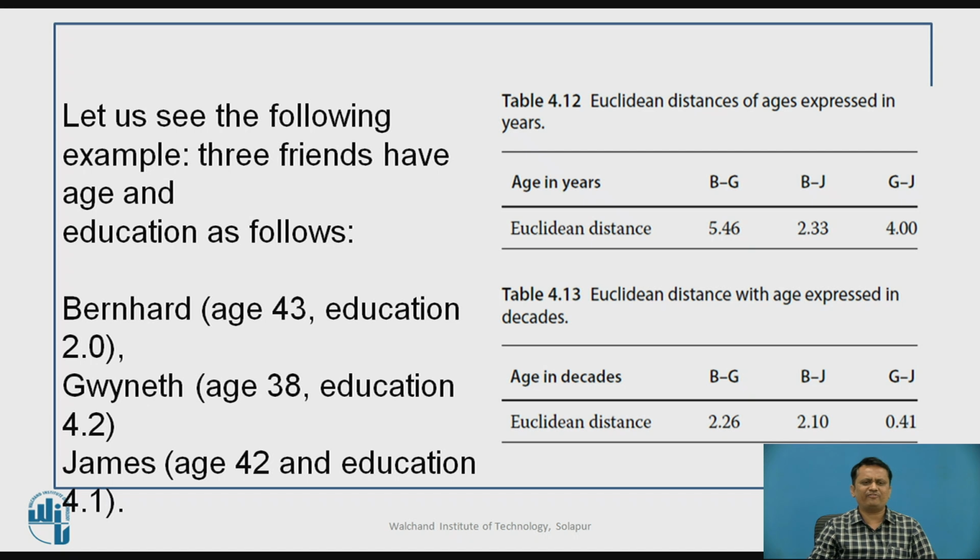Now you want to come up with a similarity conclusion about which two friends are more similar. So three friends are there, out of three which two are similar.